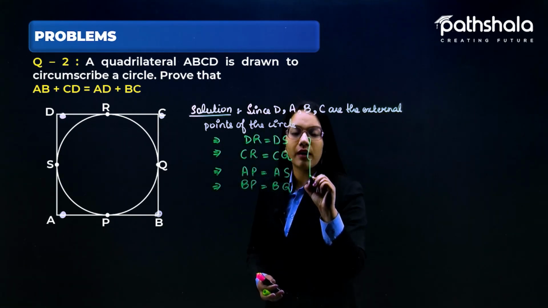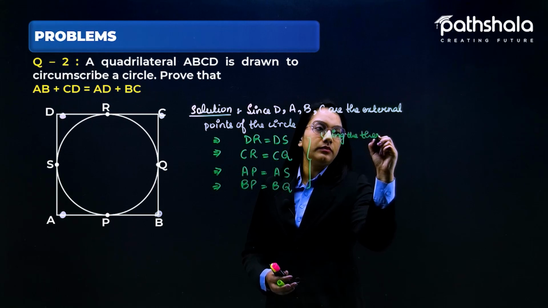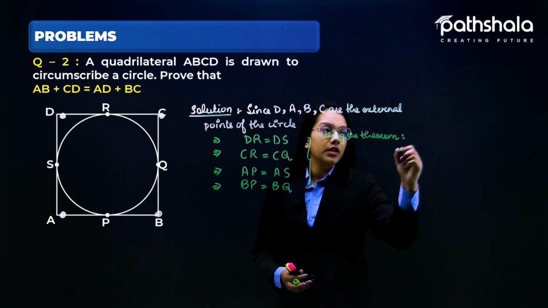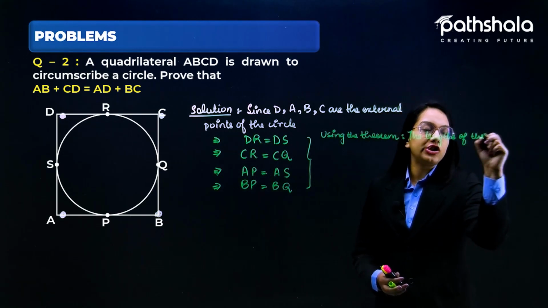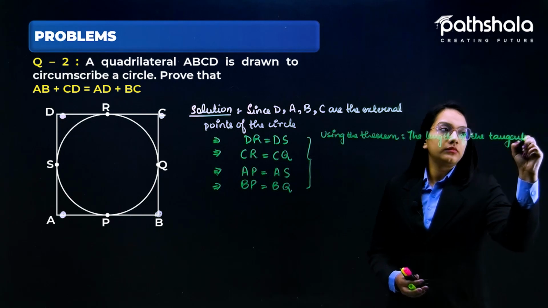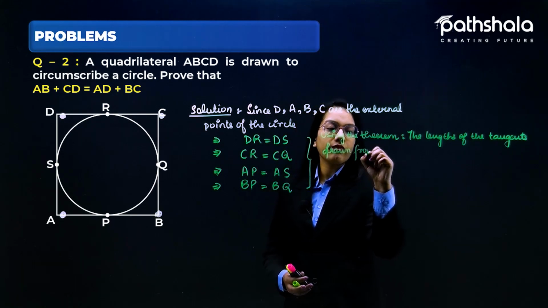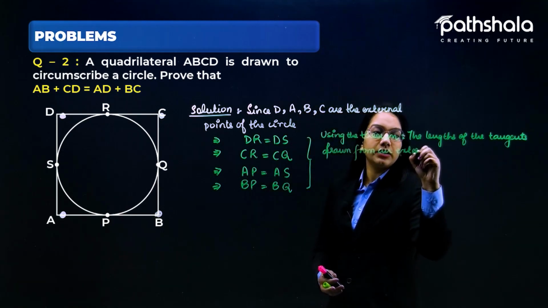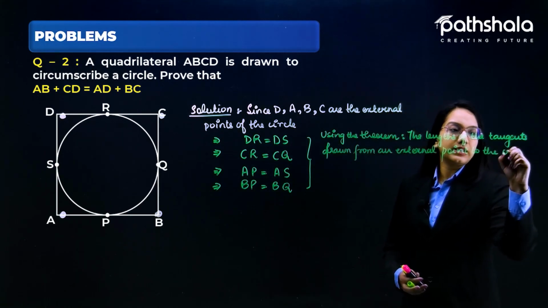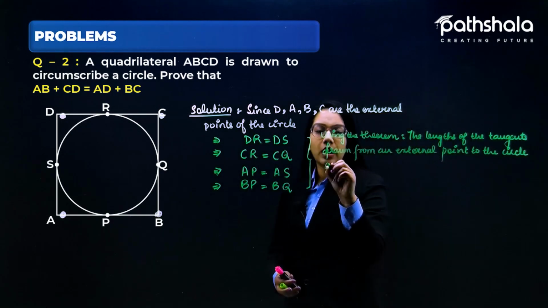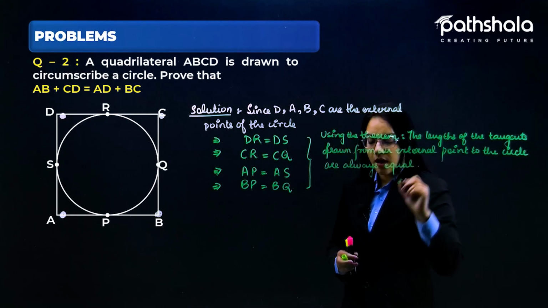Let me write out the theorem: the lengths of the tangents drawn from an external point to the circle are always equal.